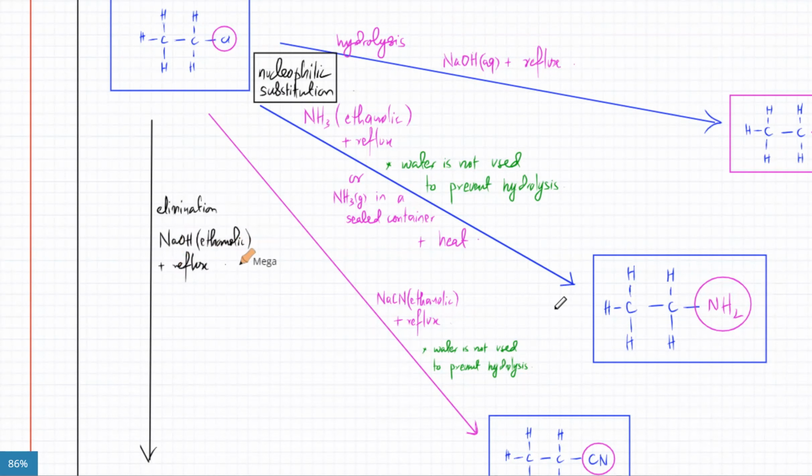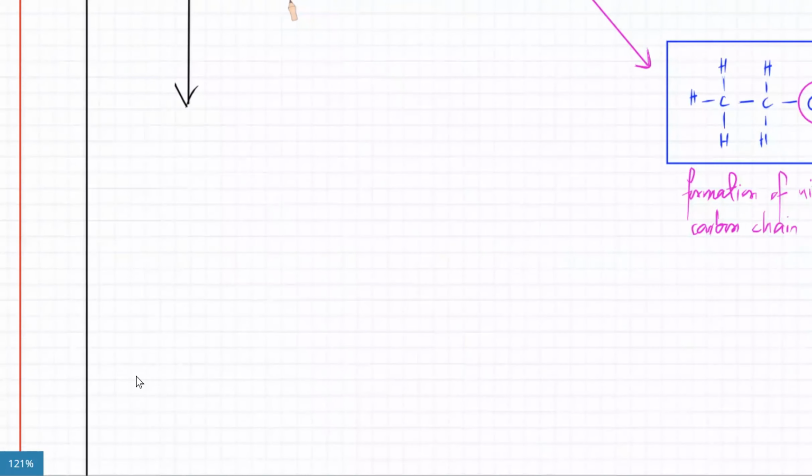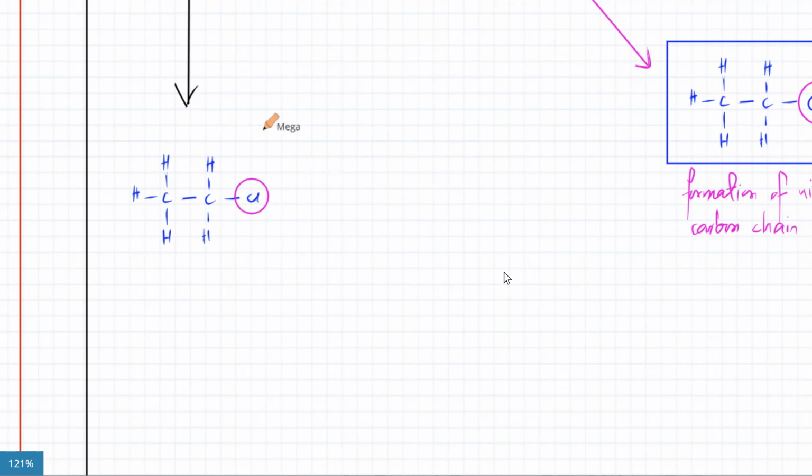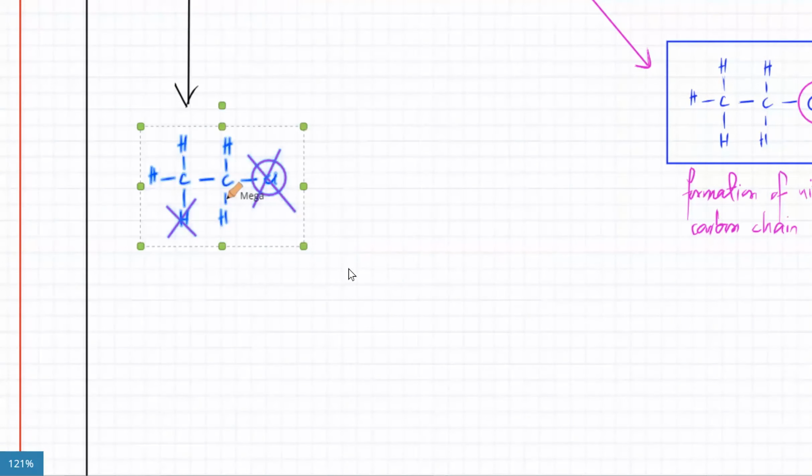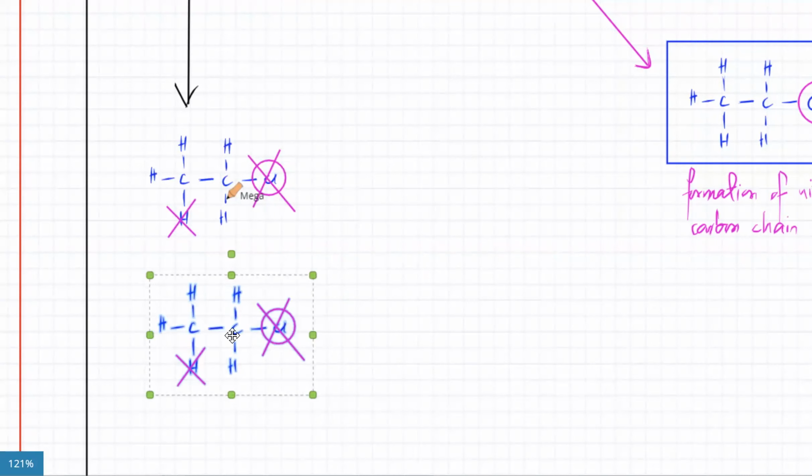And what happens in this case is that your molecule, this is exactly a similar reaction which we had earlier studied as well, the halogenoalkane would lose the Cl from one of the atoms. And at the same time, it would also lose an H as well. So it will lose the Cl from one atom and the H from the other atom, and it will turn into an alkene.